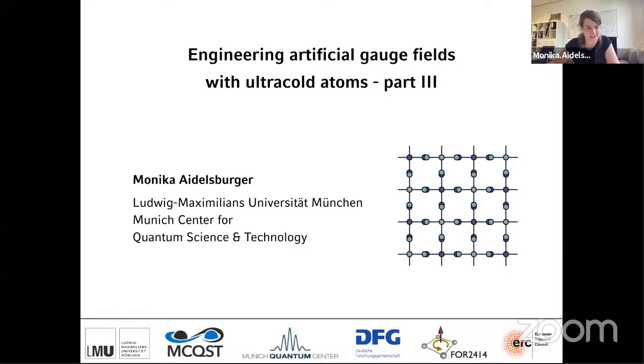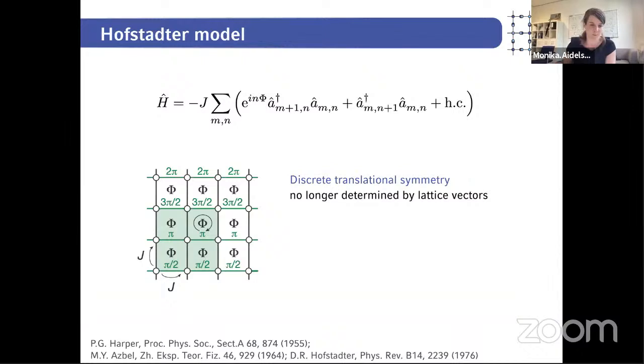Yeah, so welcome to the last part of this lecture. And so yesterday, I focused more or less exclusively on the Hofstadter model, which, to just briefly remind you, is a square lattice in the presence of a homogeneous magnetic flux.